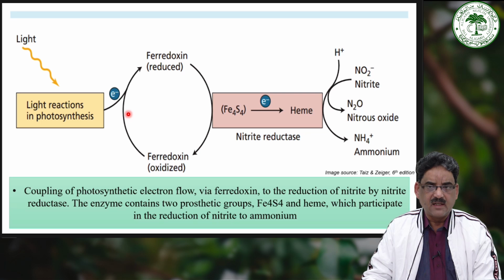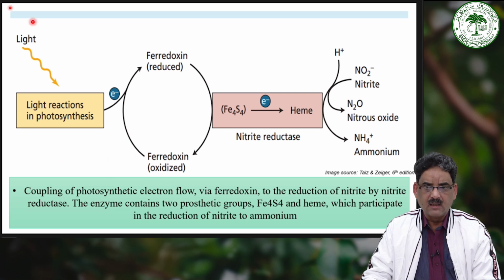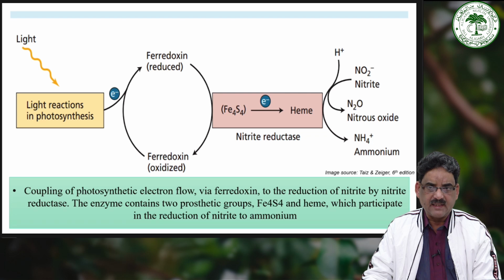As a result, electrons are transferred to ferredoxin, a key electron carrier protein located within the chloroplast. These electrons are subsequently transferred from ferredoxin to nitrite reductase, as you can see, which contains two crucial prosthetic groups that are 4Fe-4S cluster and heme group.